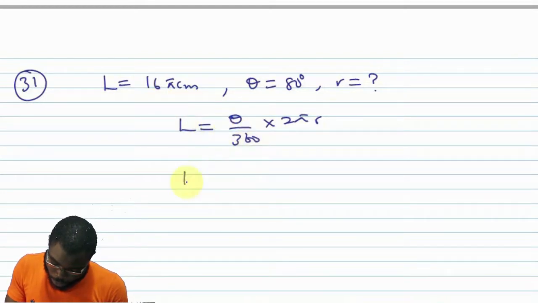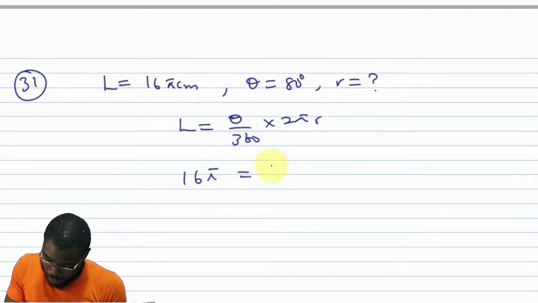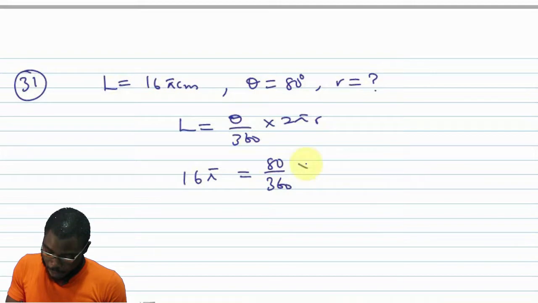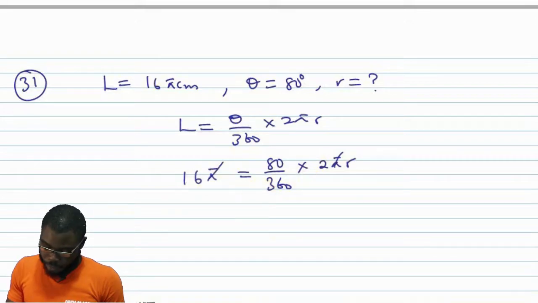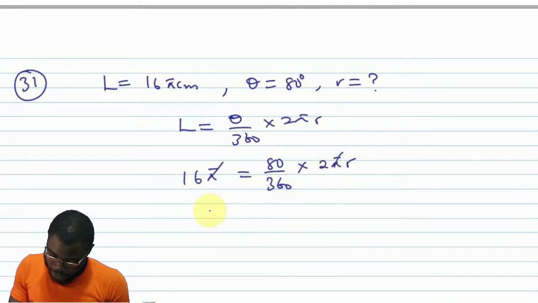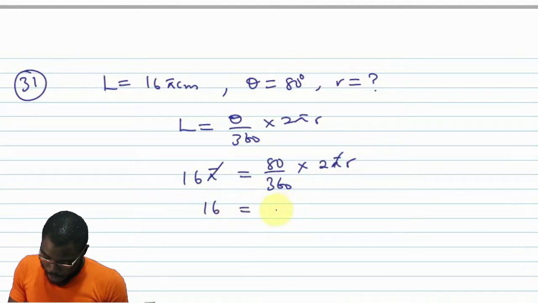So we have 16 pi equal to theta, which is 80 over 360 times 2 pi r. Okay, so pi takes away this pi. So we have 16 equals 80 over 360 times 2r.